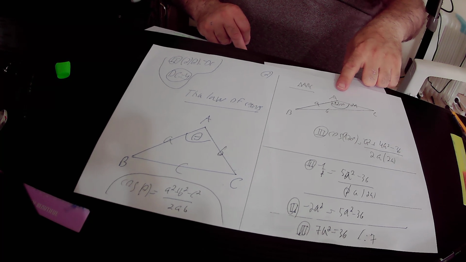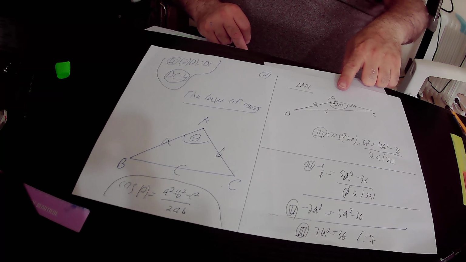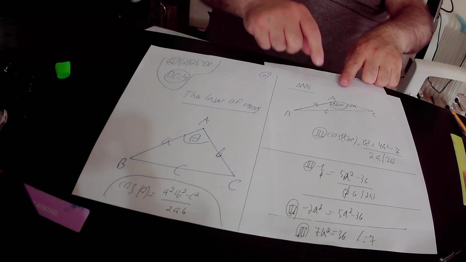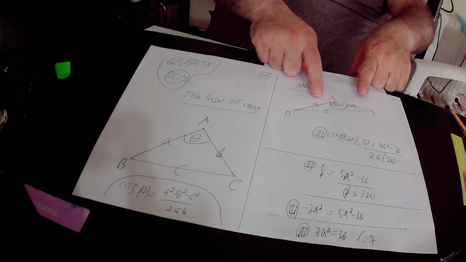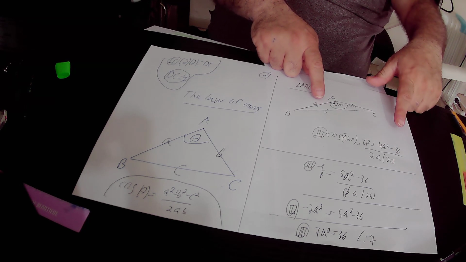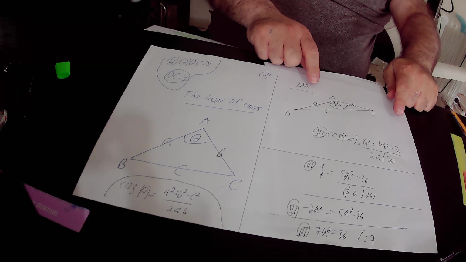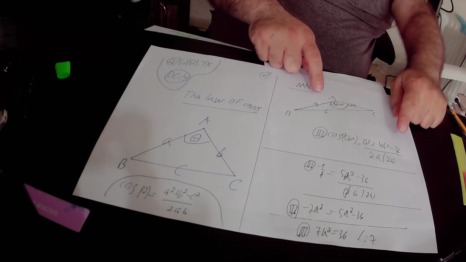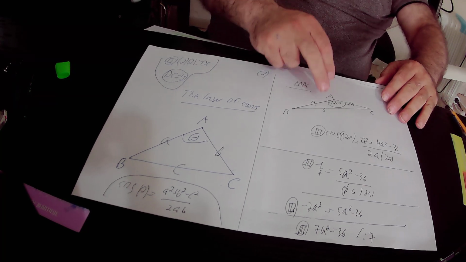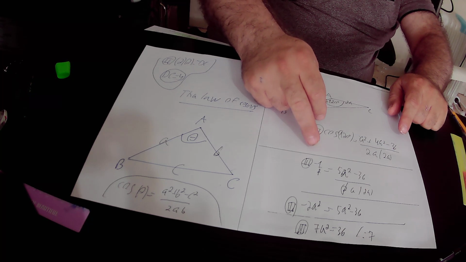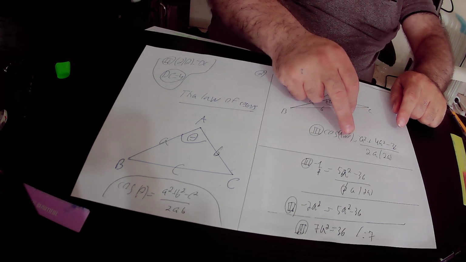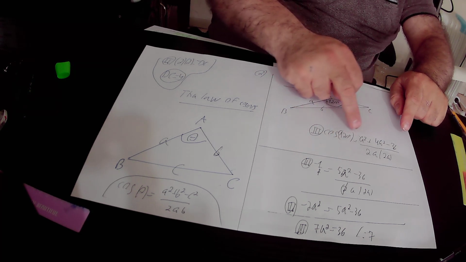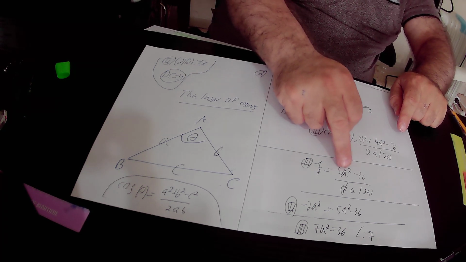According to the law of cosines, we get that cosine 120 degrees equals a squared plus 2a squared minus BC squared, this is minus 36, over 2 times a times 2a. Cosine 120 degrees equals minus 1 half. A squared plus 4a squared is 5a squared, minus 36, equal to 2a times 2a.